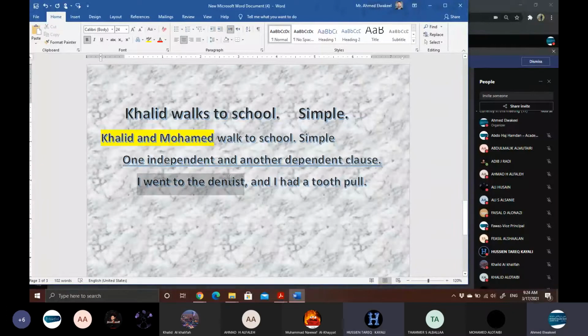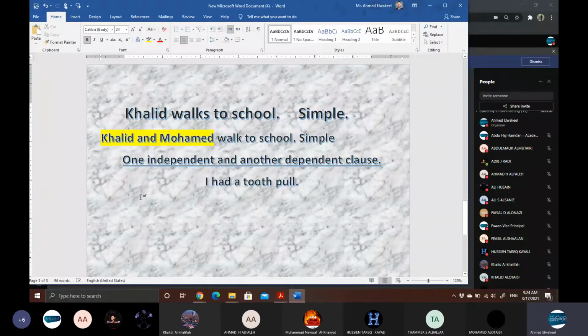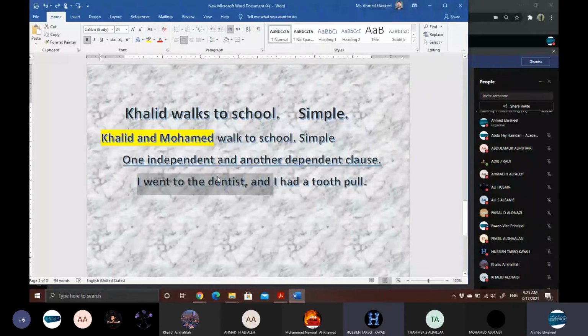So this one here is independent or dependent? Independent. And this one here? If I ellipse all of this, wouldn't it be able to stand alone? So it can stand alone. Then it's independent.